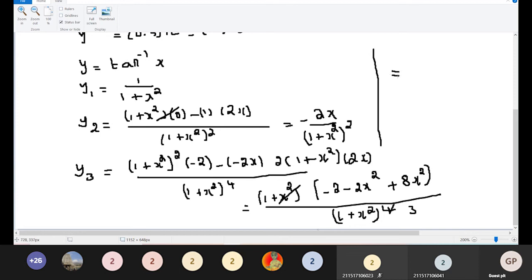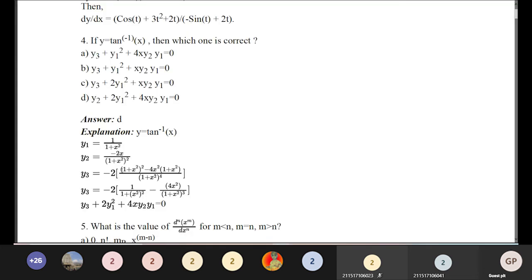So this we can write as 6x square minus 2 divided by 1 plus x square whole power 3. That's why here you have y1, y2, y3. Taking y3 plus 2 y1 square plus 4x y2 y3, it will be 0. That's why option B.